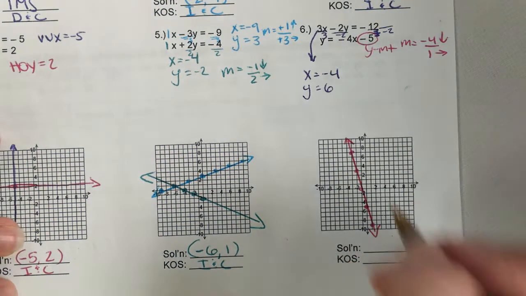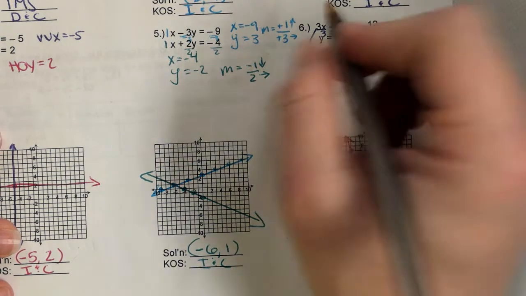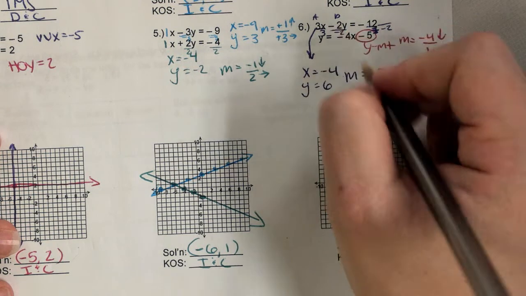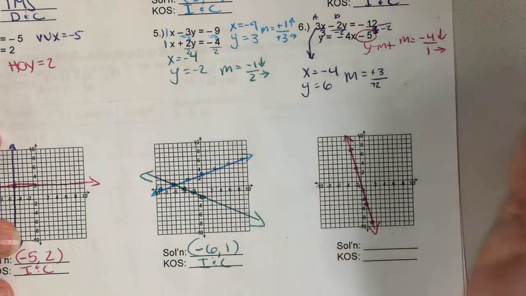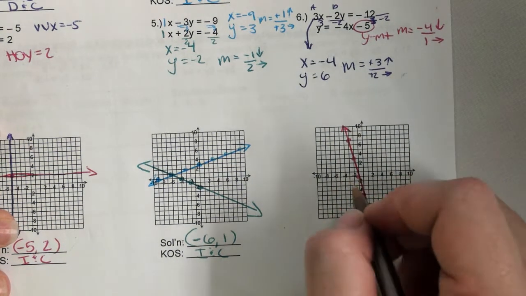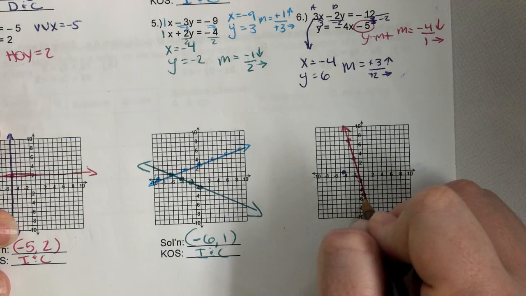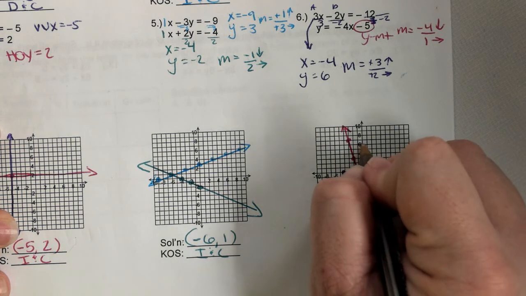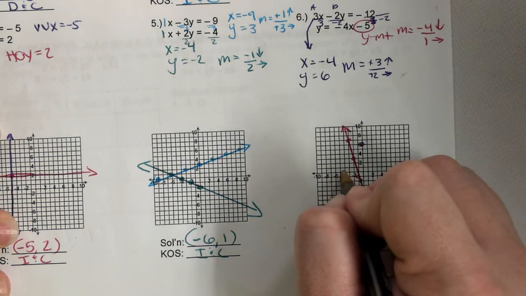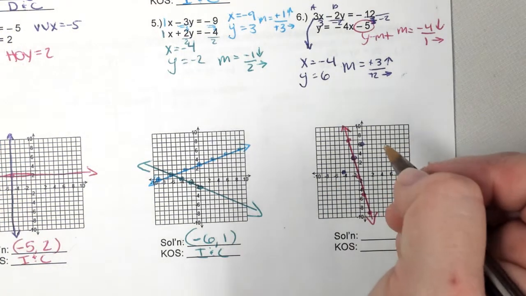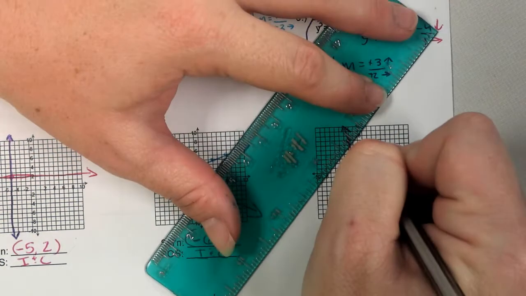And again, I would find slope, which is opposite of a over b. So opposite of 3 is -3 over b is -2. 2 negatives makes positive. So I'm going to rise 3, run 2. And I found my answer right away.